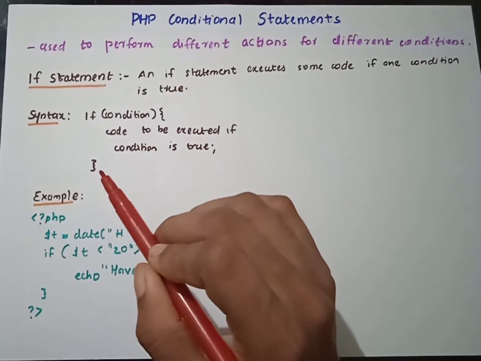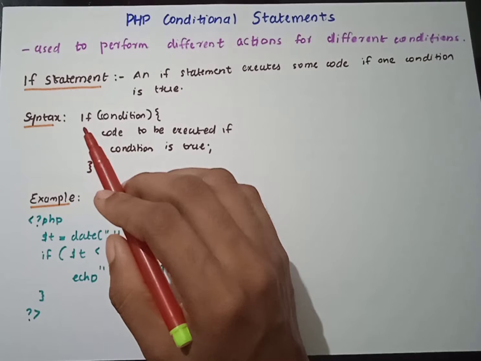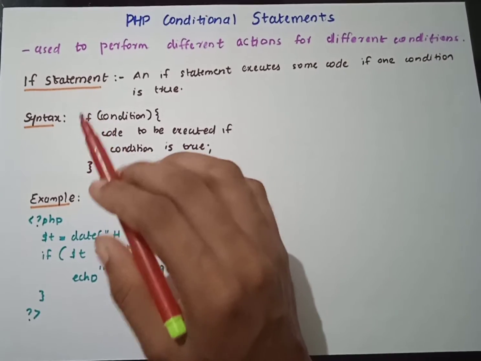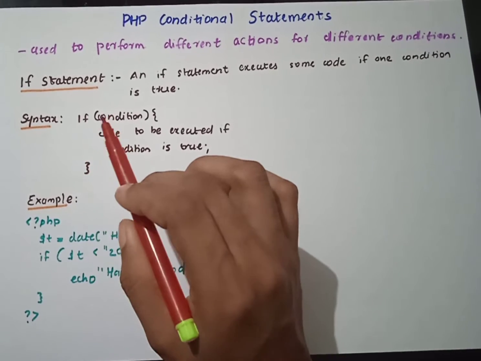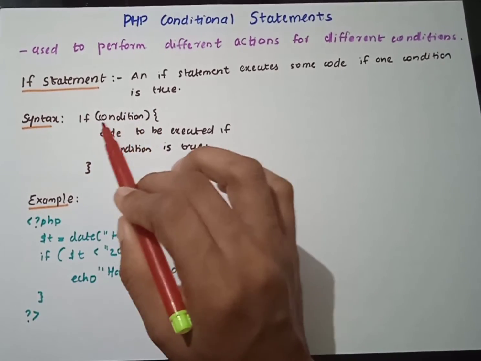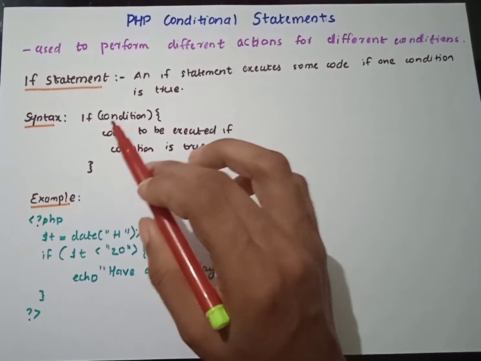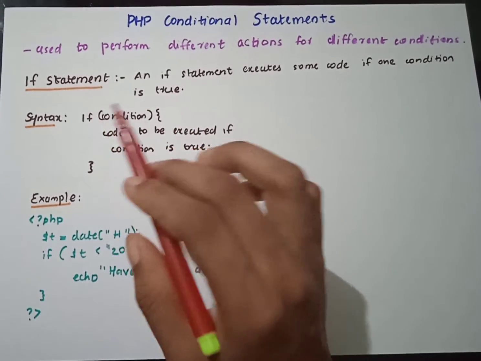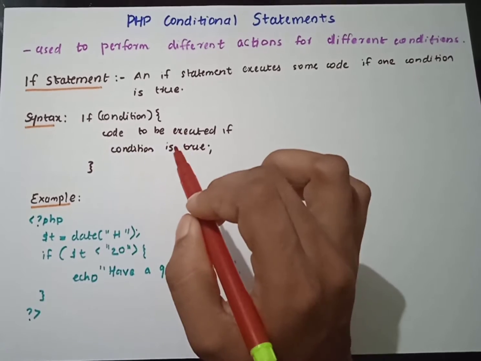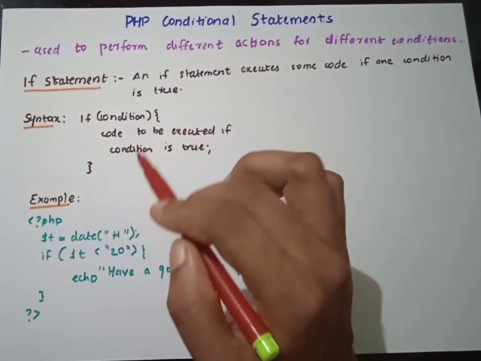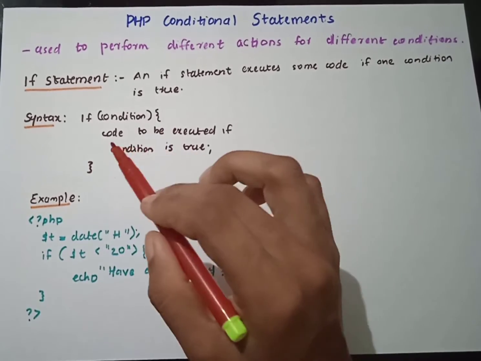There is a syntax for the if condition. Firstly, you write the if. If is actually a small letter i and f. So that is the if, and inside the braces you can write the condition. And if the condition is satisfied, whatever the action should be is written inside as the code.